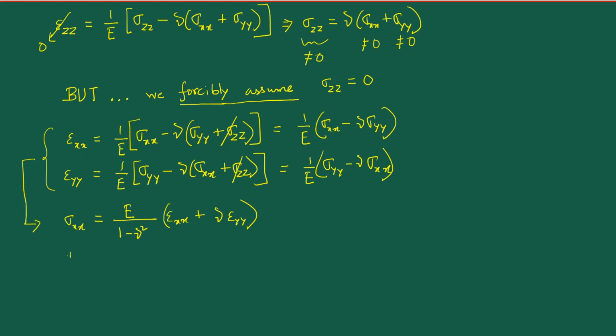I obtain this for sigma xx and this for sigma yy. Okay, so now I'm more or less ready with the key expressions I need in order to develop the theory of classical plates, starting from the principle of virtual work. So let me go towards that.